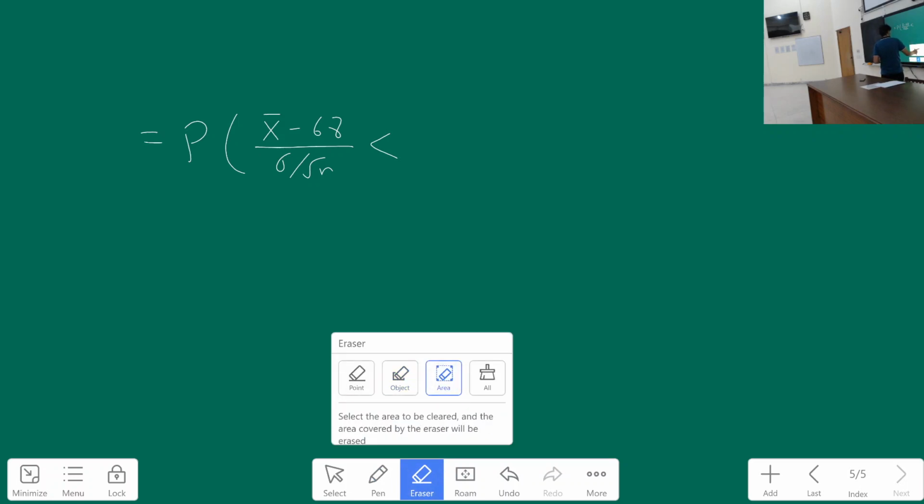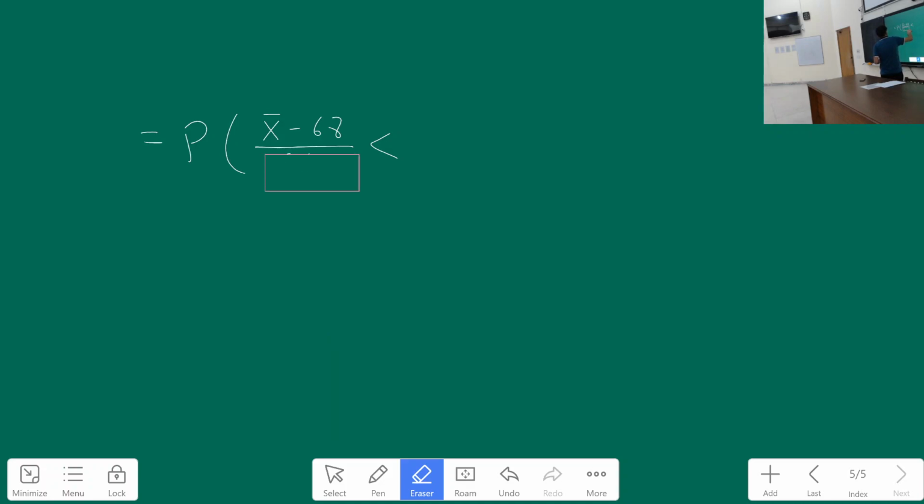Do we know sigma from our problem statement? It was 3.6. Do we know n? It was 36. So we can put those values there. Now I'm going to do that to get numerical values: 3.6 by 6, and if you calculate the right hand side, it comes out to be minus 1.67.